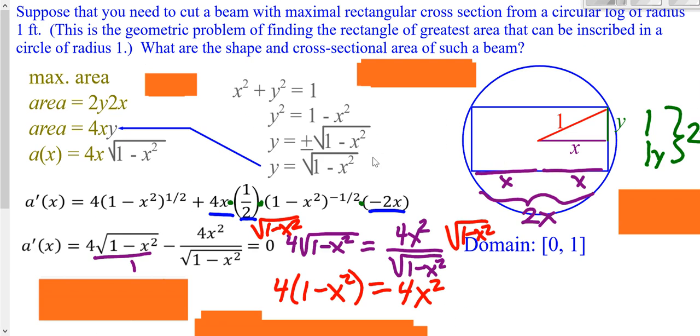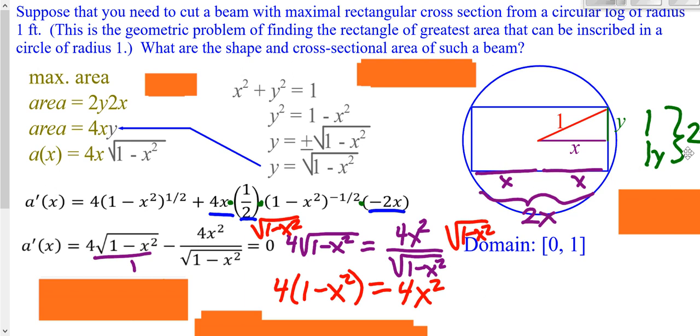And once again, we are looking for what shape would give us the maximum cross-sectional area. So I'm saying what shape, to me, I'm thinking that means length and width. If x is root 2 over 2, remember the whole length is, you got to double that. So if x is root 2 over 2 times 2, you get root 2 for the whole width.